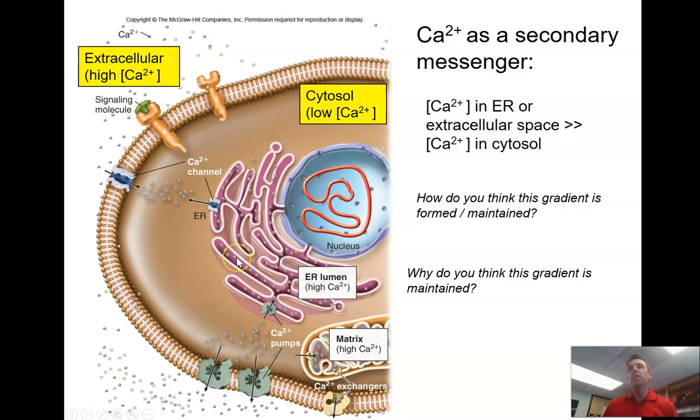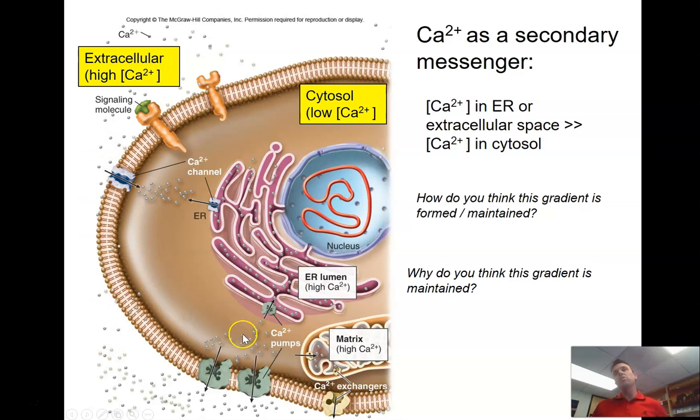So calcium is highly regulated, and for the most part you have really high levels of calcium in the ER, or if it's muscle, in the sarcoplasmic reticulum, and you have relatively low levels of calcium in the cytosol, and then higher levels of calcium extracellularly.